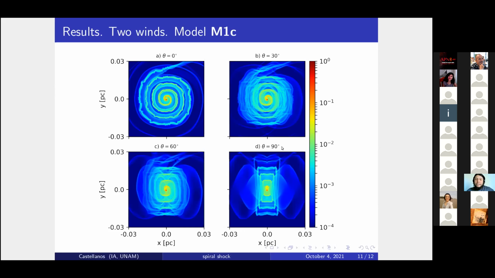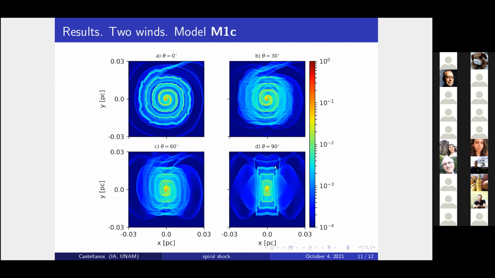And for 90 degrees, the map shows a stepped biconical structure aligned with the orbital axis. This kind of morphology has been previously observed in some planetary nebula. So we can say that this kind of morphology could be obtained by the interaction of binary systems similar to those presented here.